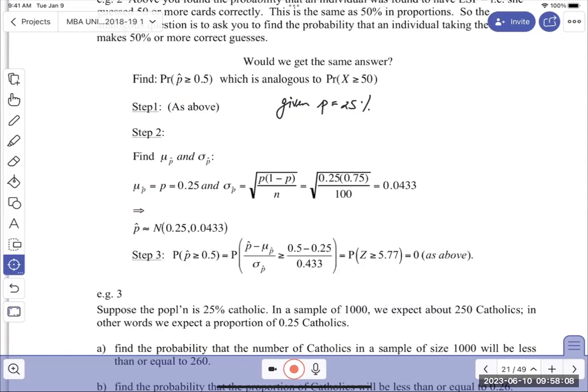So again, imagine an Excel sheet. So your first sample, you get a bunch of data, and let's say the first person got 35% correct.